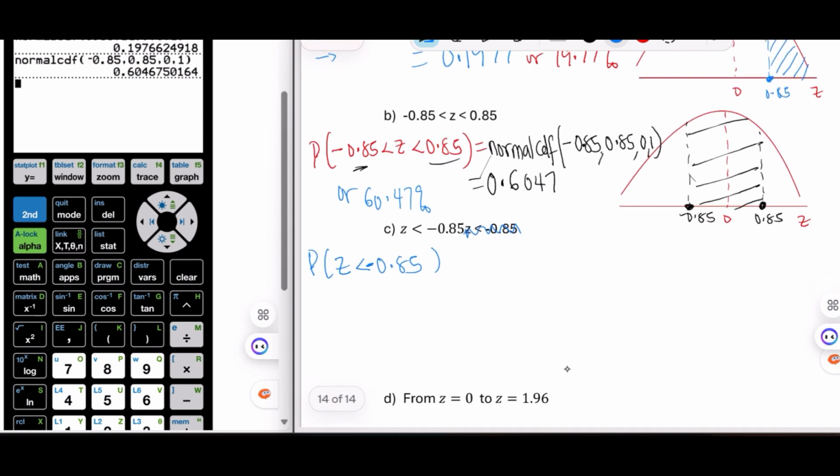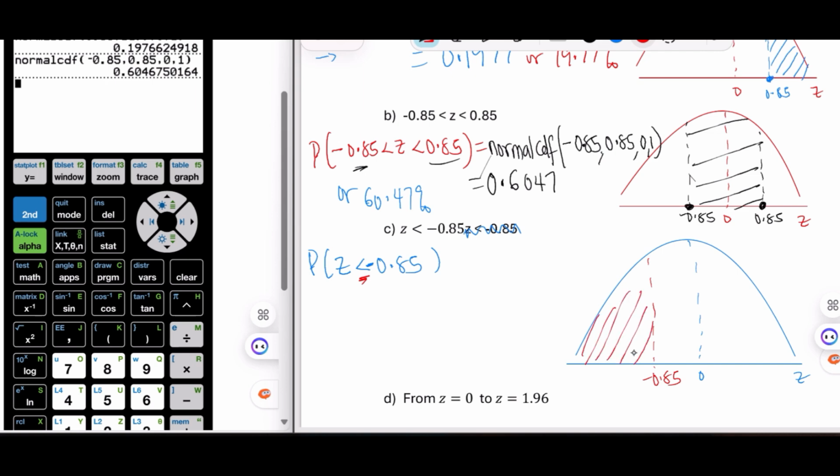Now, doing this, drawing the same normal curve as usual, with our random variable as Z and the center as 0, which is the mean. So here we have negative 0.85. We are interested in the less than sign. This shows that we are interested in the area to the left of negative 0.85.